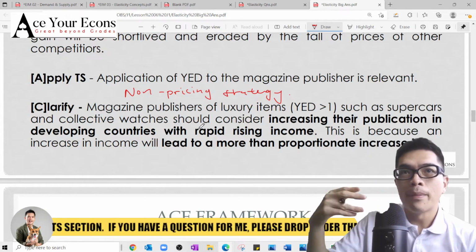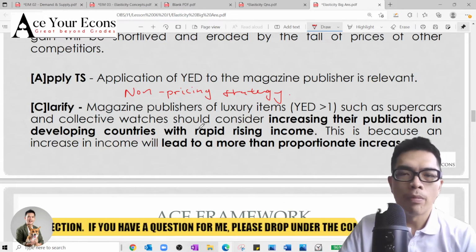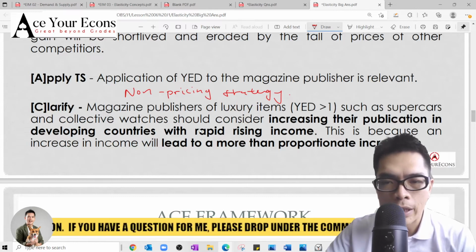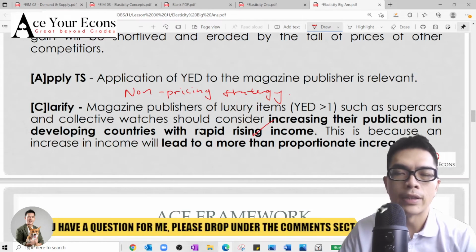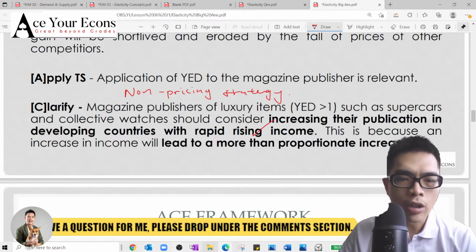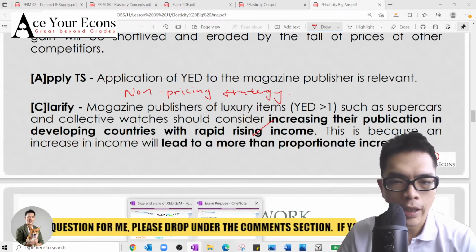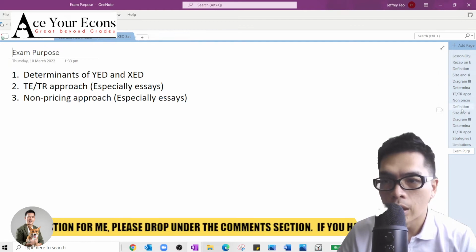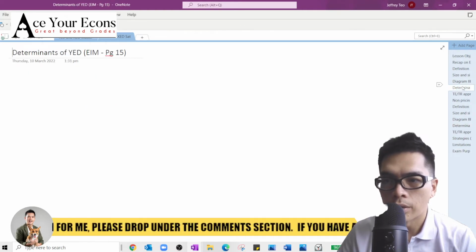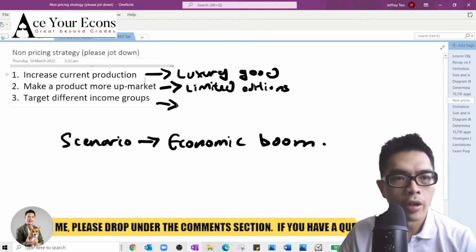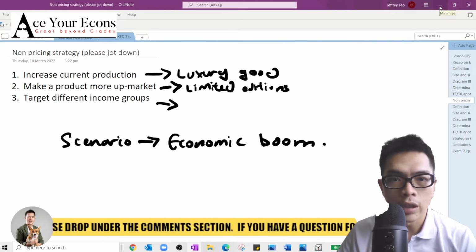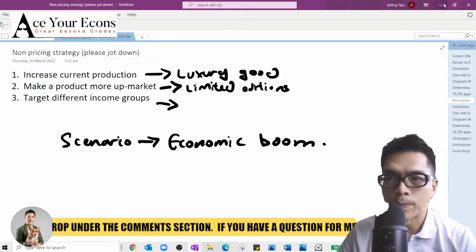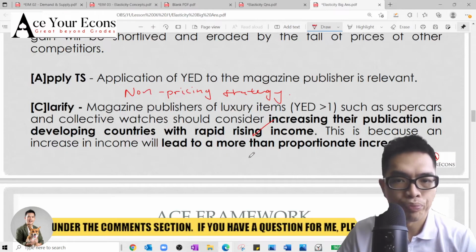If you are producing magazines of this, you probably want to publish or increase your publication in countries with rapid rise in income. So this is consistent with what we have covered earlier on. Under here, increase your current production in a specific country that is experiencing an economic boom.